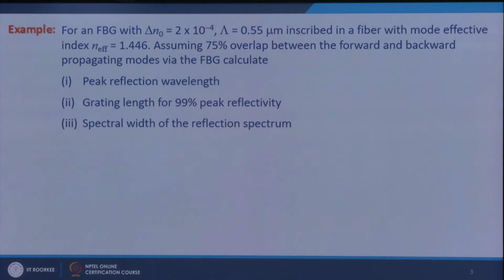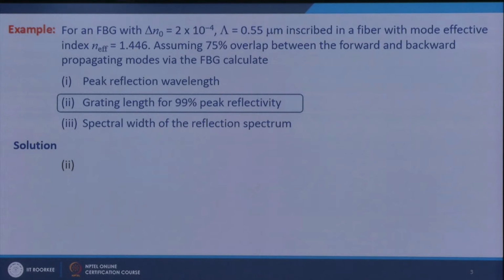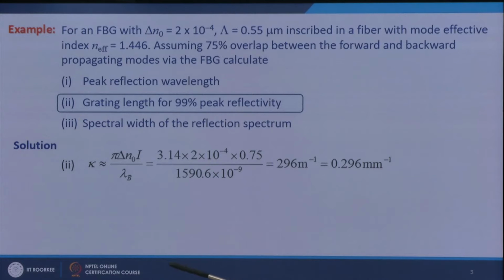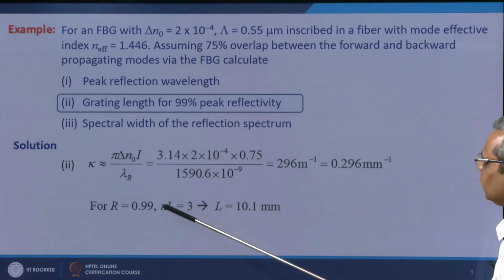What is the grating length for 99% peak reflectivity? Well, I know that kappa is equal to pi times delta n 0 times I over lambda b. So, kappa comes out to be about 0.3 millimeter inverse, and then I can find out the length for peak reflectivity 99%.